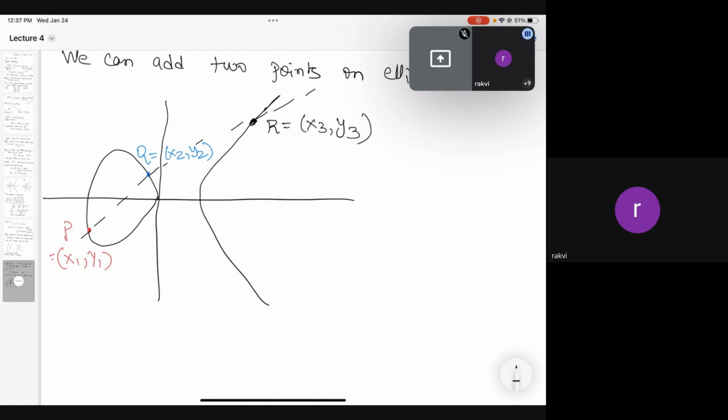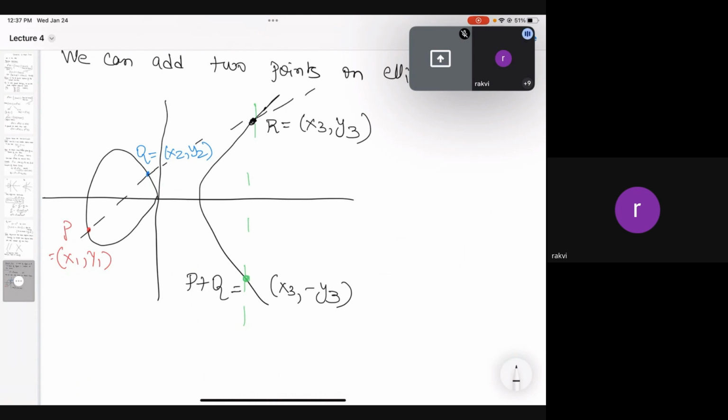Now what I do is I take the reflection of this. So when we take reflection like this across the x-axis, we know what the coordinates are. The coordinates will simply be, x won't get affected, but y will become negative. This is my point P plus Q. This rule has a name.